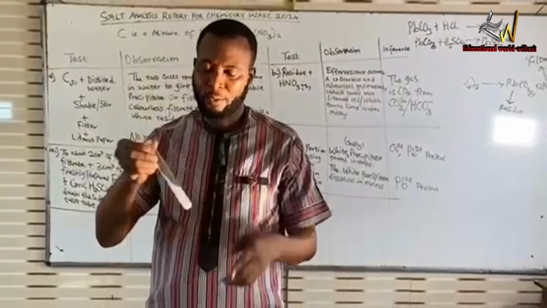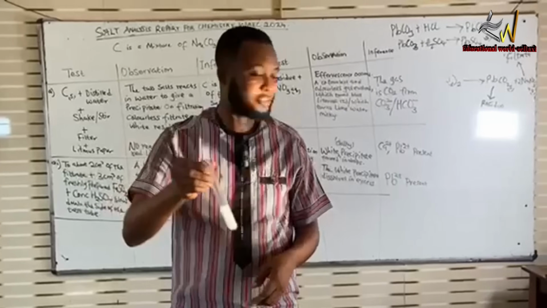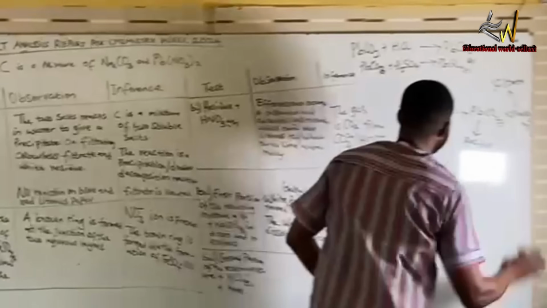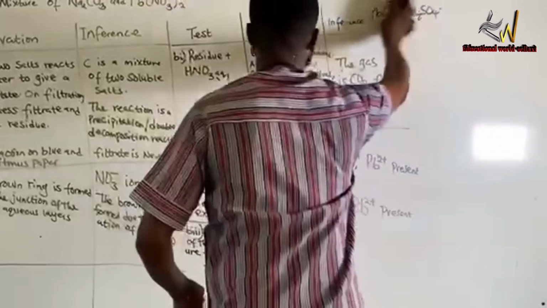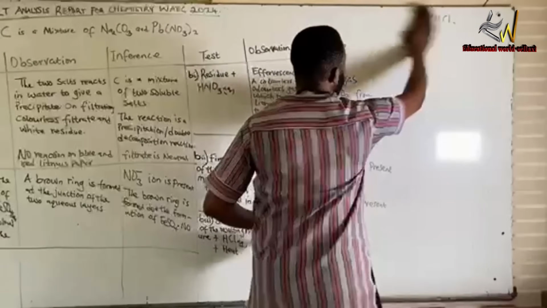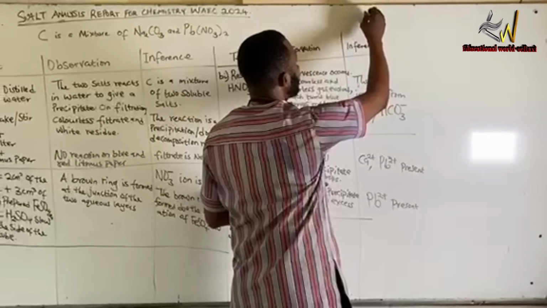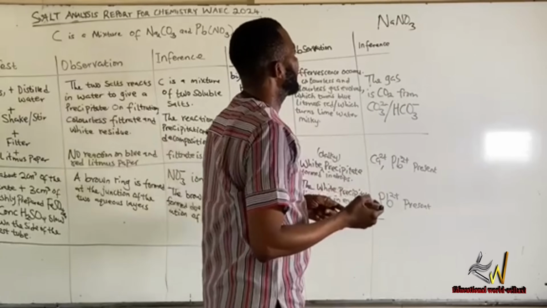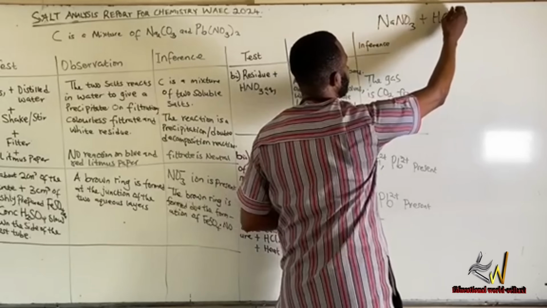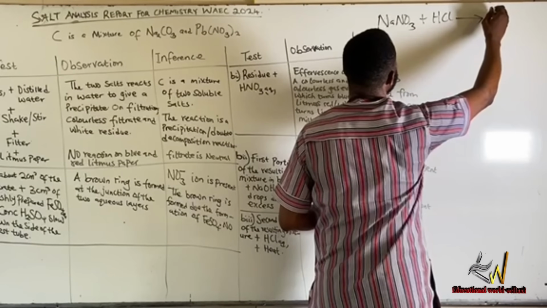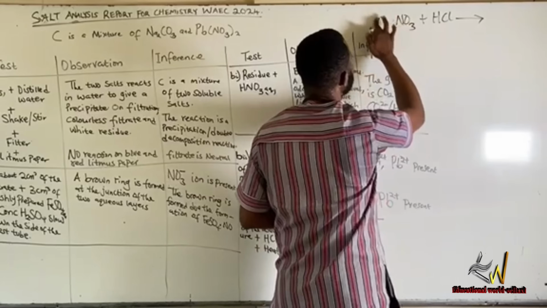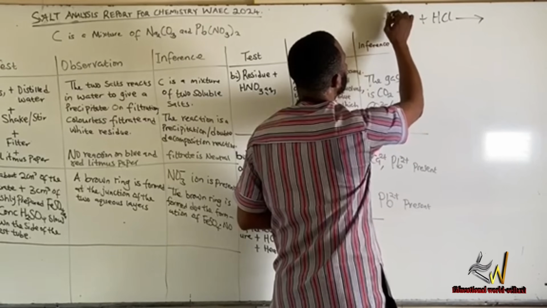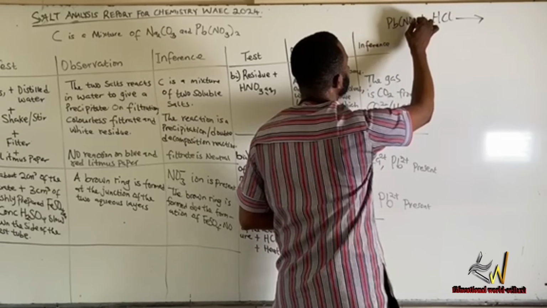Lead chloride will give a white precipitate with lead nitrate. Let me show you on the top. Lead nitrate. Now, when you bring sodium chloride, this is our filtrate plus HCl, you will have lead nitrate, sorry.